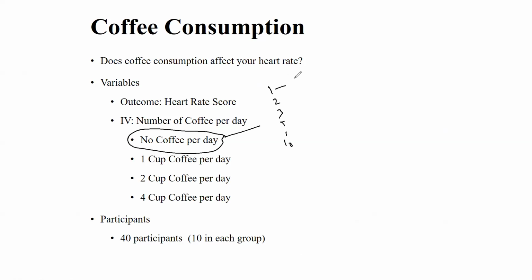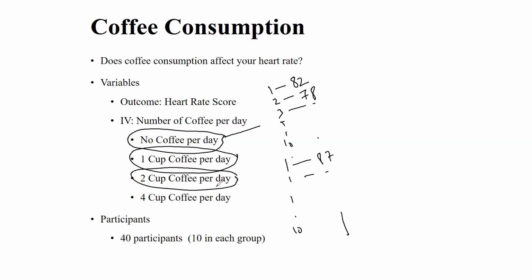The heart rate score of the person is 82, 78, and so on. The second group has 10 participants, and we are giving 1 cup of coffee per day to this group. After 1 month, we are measuring the heart rate score. And the third group, we are giving 2 cups of coffee per day throughout the month, and then we are measuring the heart rate score at the end of the month.